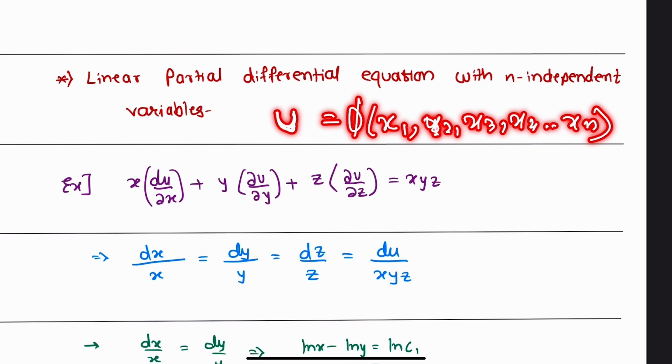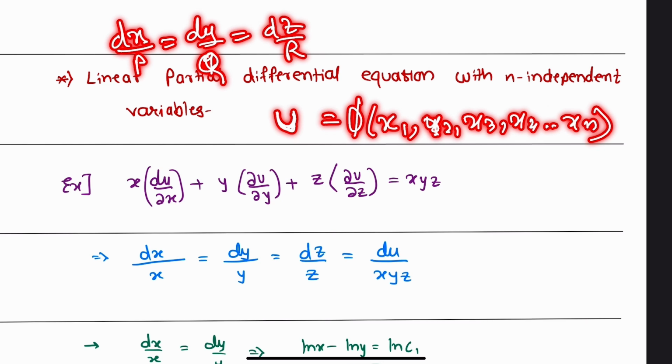And if we have to solve this linear partial differential equation, which has n independent variables, we will just expand the Lagrange's equation that we used to write for two or three variables. What we used to write there? It used to be dx by p equals dy by q equals dz by r.